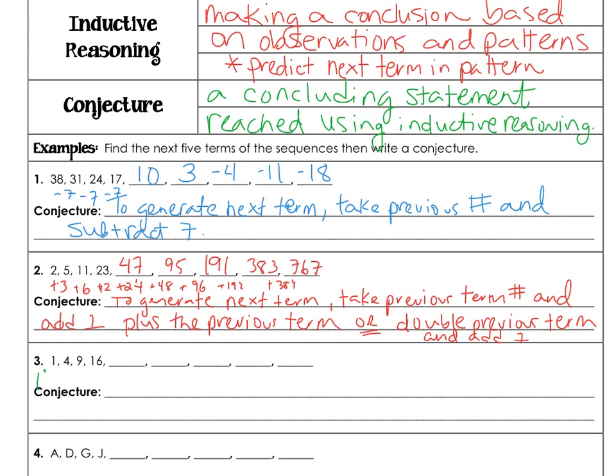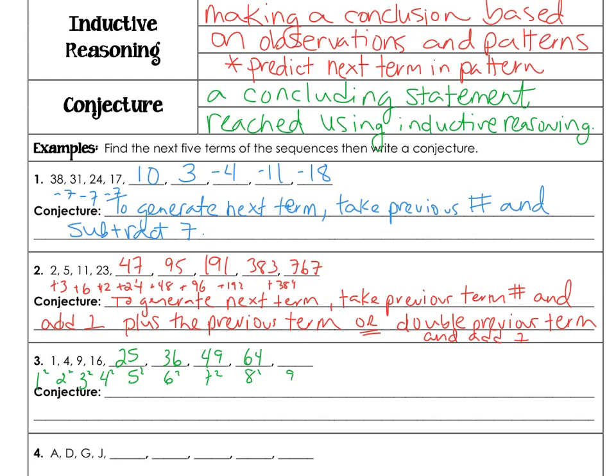So 1 squared gives me the 1, 2 squared gives me the 4, 3 squared gives me 9, and 4 squared gives me 16. So the next one should be 5 squared, which is 25. Then 6 squared would be 36. 7 squared would be 49. 8 squared would give us 64.